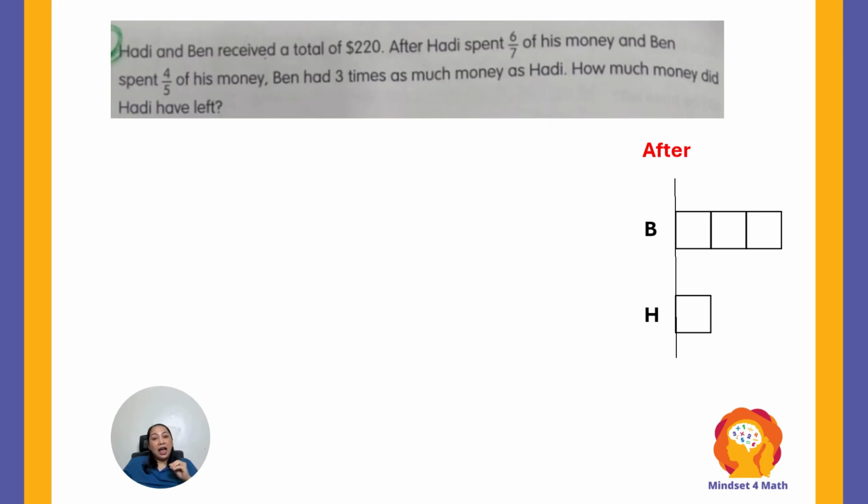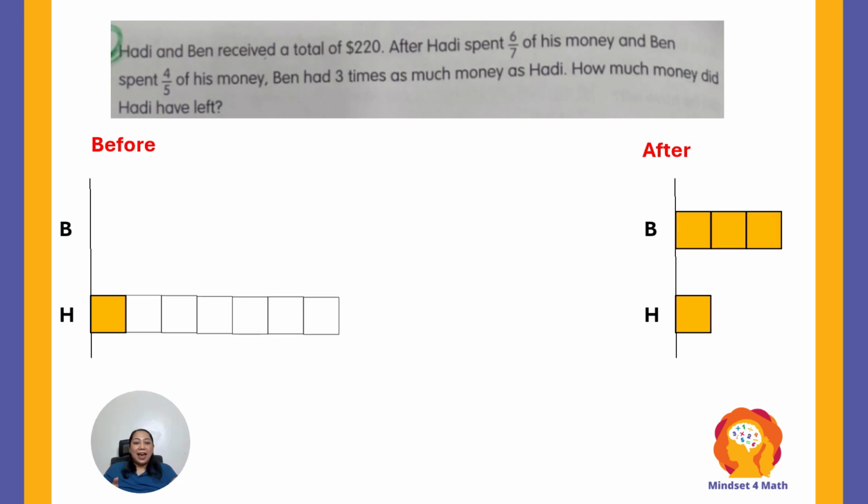So that means in the after model, we'll represent the money of Ben using 3 units and the money of Hattie using 1 unit. So if Hattie spent 6/7 of his money, that means that 1 unit of Hattie in the after model is actually 1/7 of his money before.